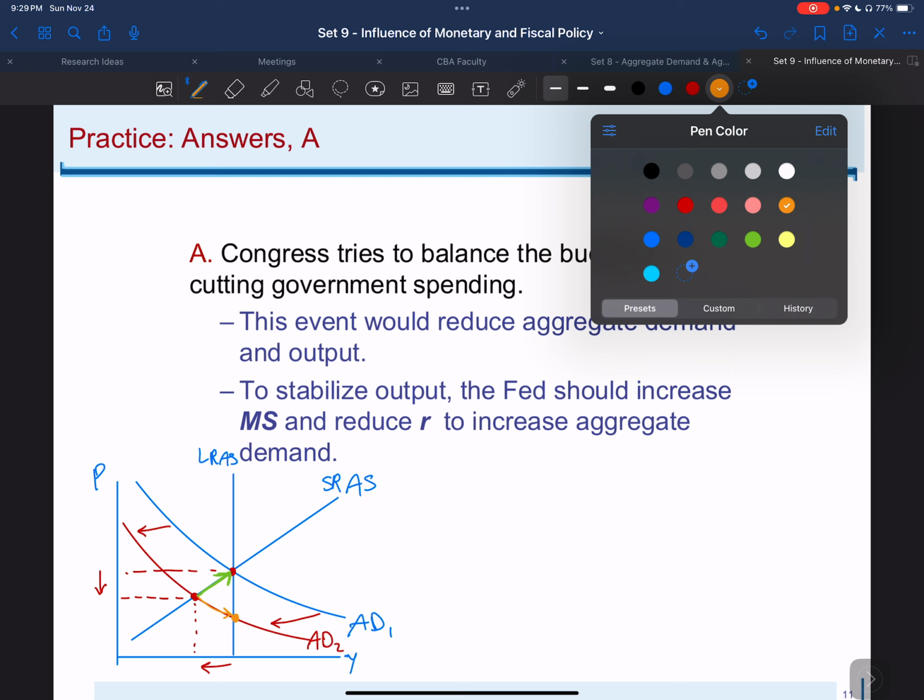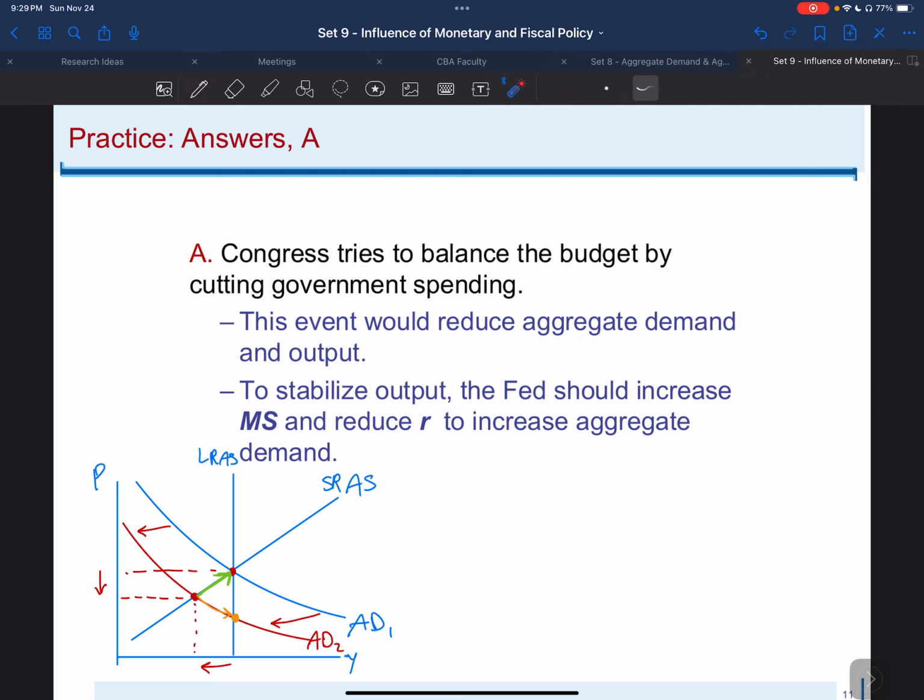But now the Fed wants to stabilize the economy faster, so they are going to use monetary policy affecting the aggregate demand, again shifting the aggregate demand to the right and finally going back to the same equilibrium point.